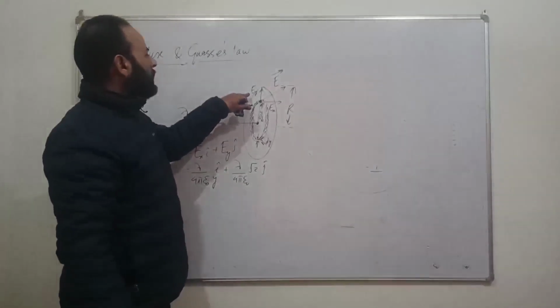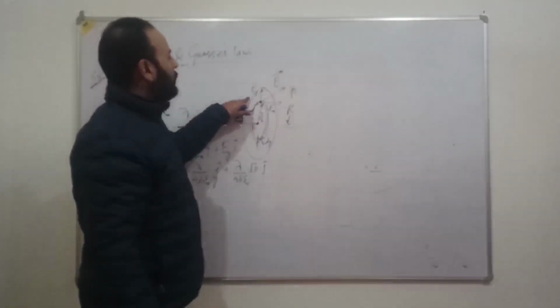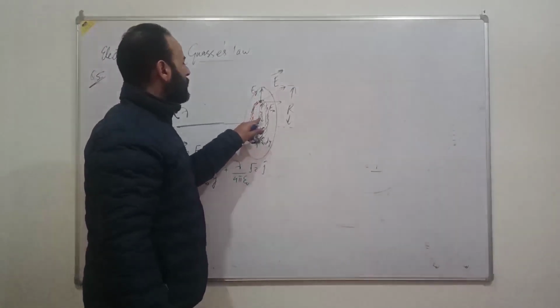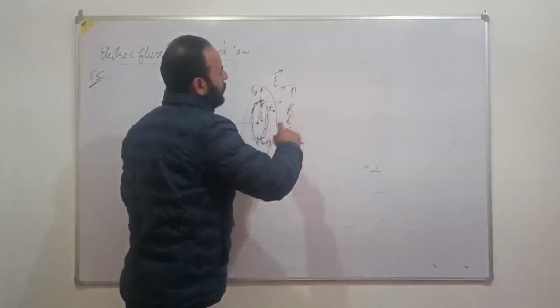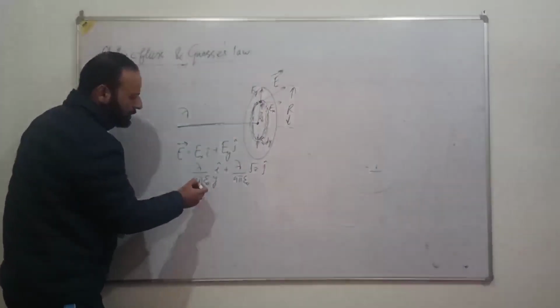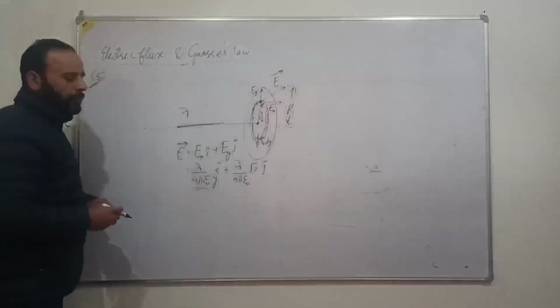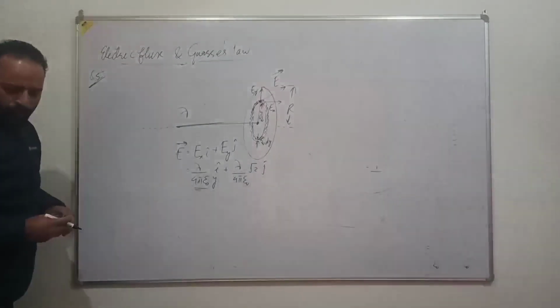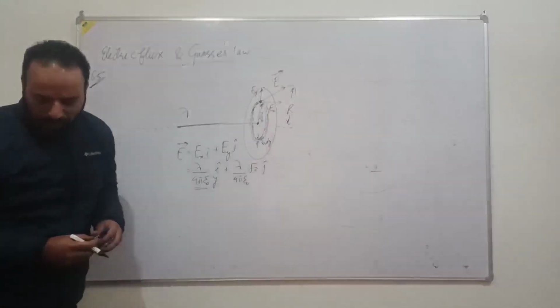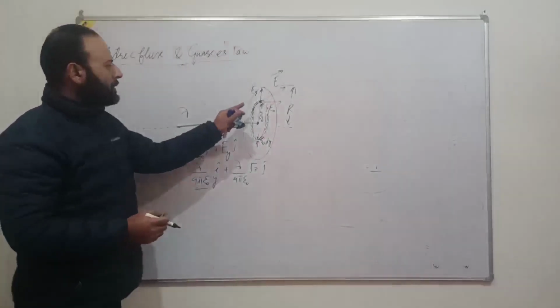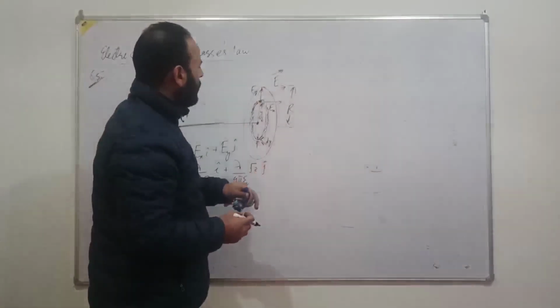Now, since this Ey will not contribute to the flux, because it is in the plane of the disk, whereas this Ex is perpendicular to the plane of the disk, only this component will contribute to the flux. So we can calculate the electric flux first due to this surface element, or we can call this a ring element.